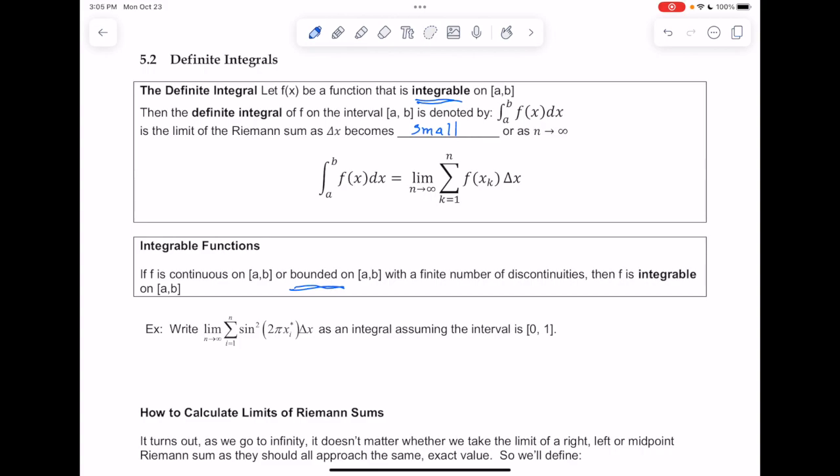All right, just to get used to the notation, let's look at this first example. They want us to write the limit as n goes to infinity of the sum as i goes from 1 to n of sine squared of 2 pi x i star times delta x as an integral, assuming that the interval we're working with is from 0 to 1. So a few things.